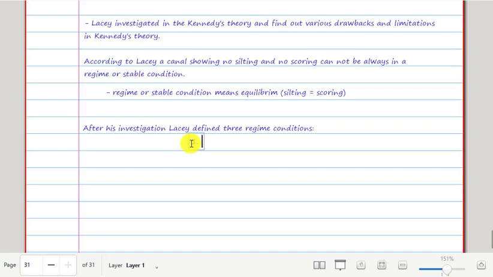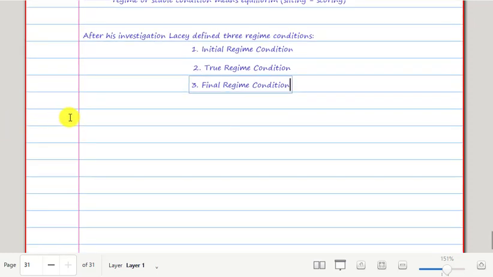The first one, he named the initial regime condition in a canal, the second one he named the true regime condition of canal, and the third condition he named the final regime condition or stable condition of the canal.